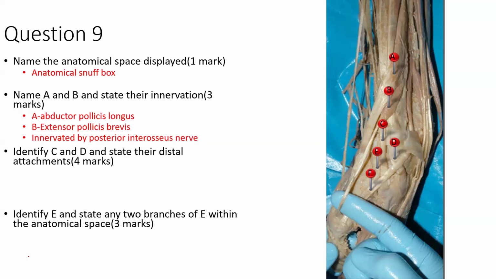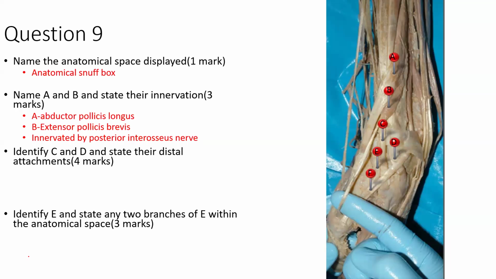If C is extensor carpi radialis longus, what is D? She is still insisting it is brevis and not longus. No, we are not on E. We just want C and D.